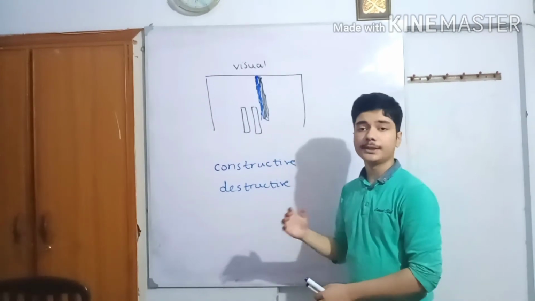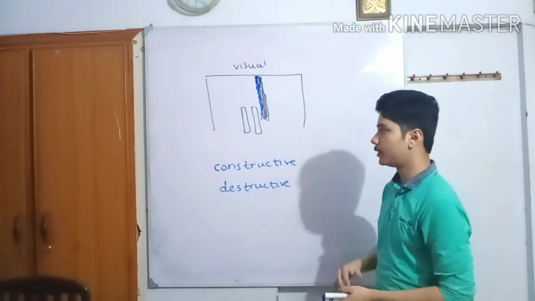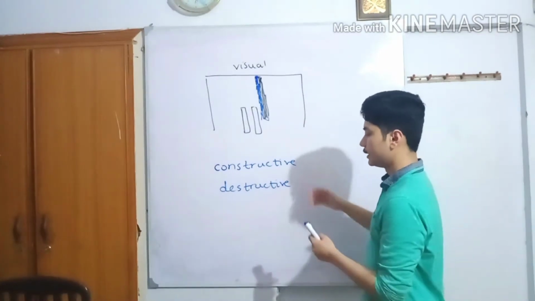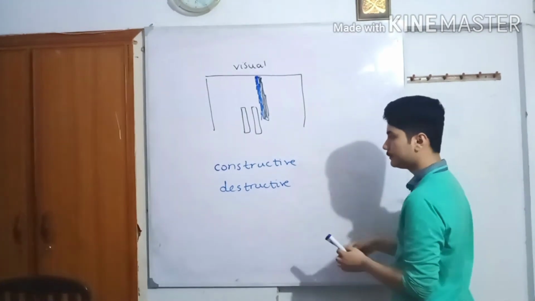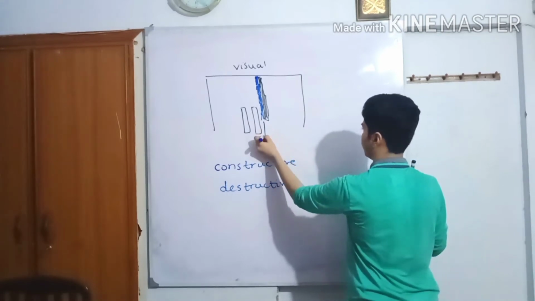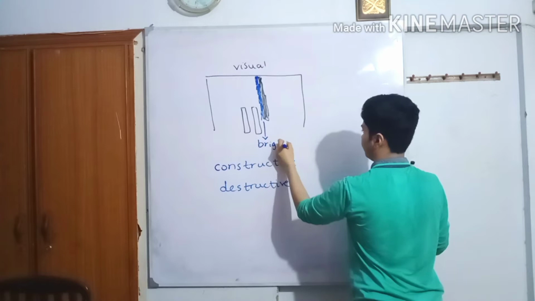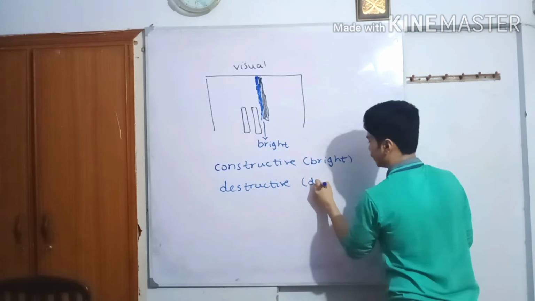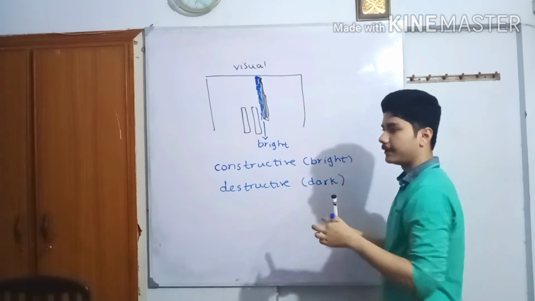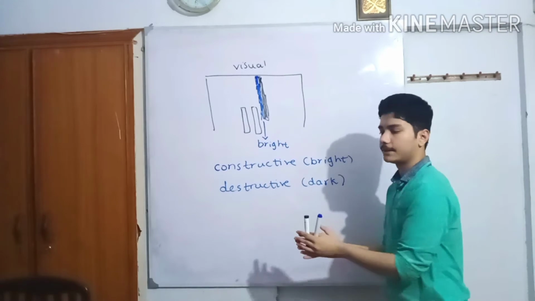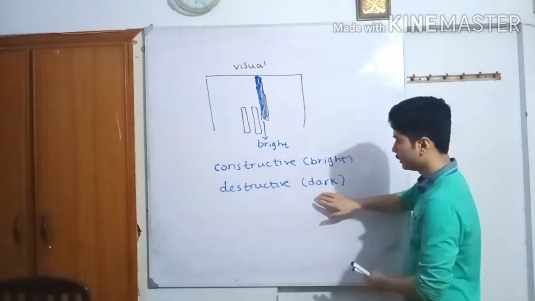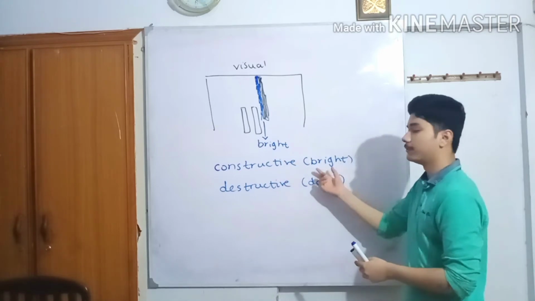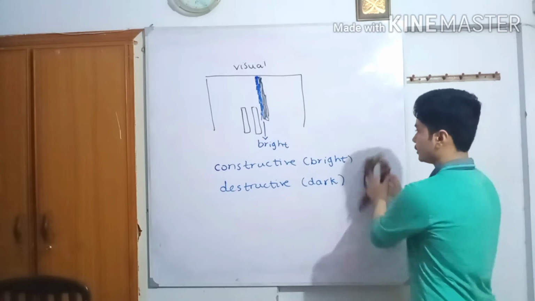Now, before going into the experiment, how this experiment is performed and what the equations to solve it are, I'm going to tell you that when interference becomes constructive, a bright fringe is obtained, and when interference becomes destructive, then dark fringes are obtained. Dark fringes are very dark because the two lights cancel each other, no light is produced, so it will be dark there. And when two lights interfere constructively, they have a greater intensity, so it will be very bright. So you can see. Alright, let's get straight into the experiment.